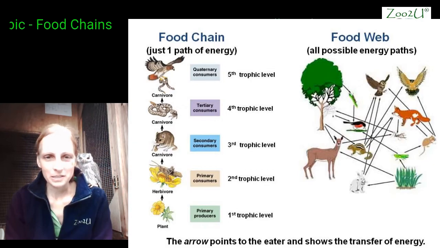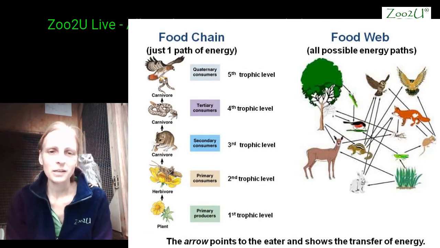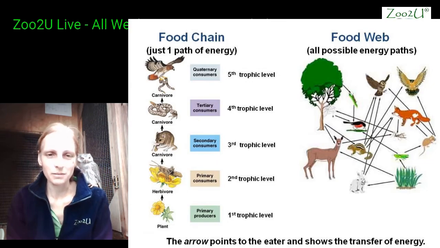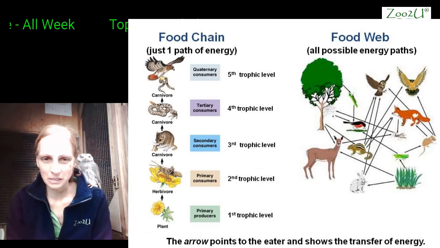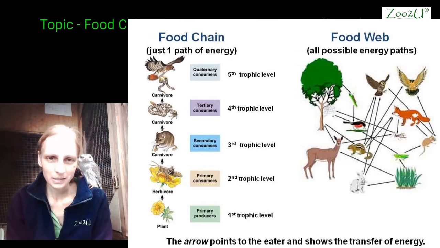And so if an animal or a plant is lost in an environment or is reduced in number, it's going to have a knock-on effect with all of the other organisms that live in that habitat. Now, it might be a positive effect, or it could have a negative effect.